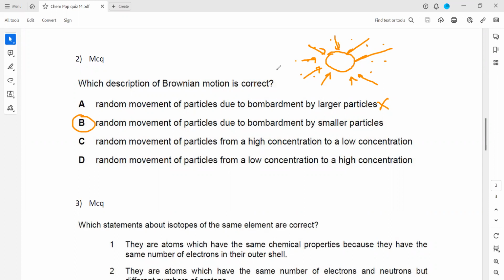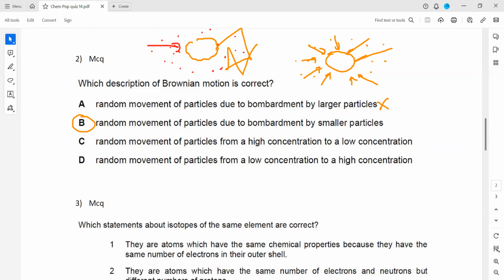So Brownian motion is actually the random motion of the particle. Like the particle will move randomly. And why will the particle move randomly? Because the lighter particles such as air molecules or water particles hit the heavy particle and they cause Brownian motion. Heavy particles do not cause a random motion.